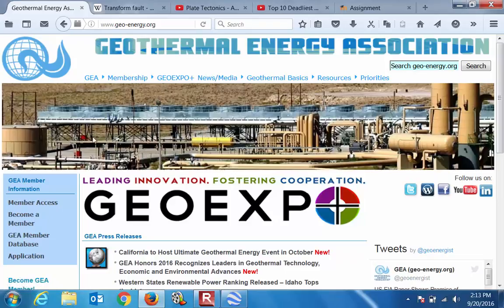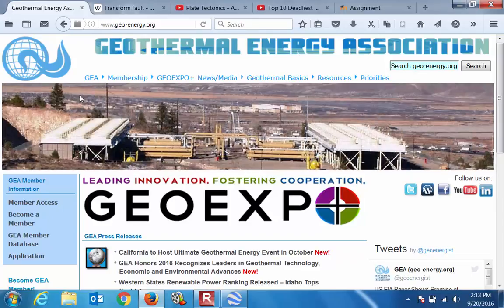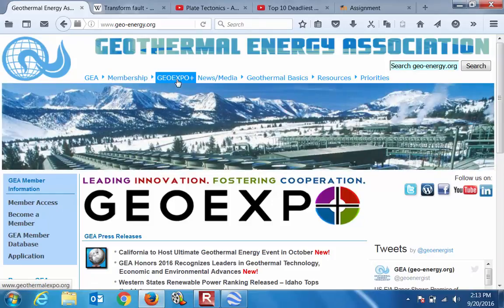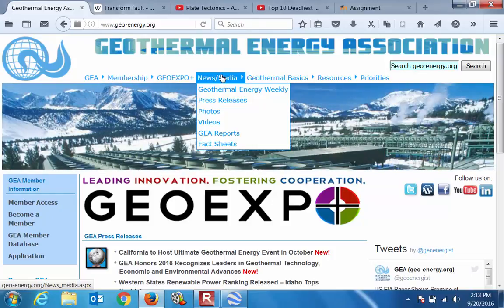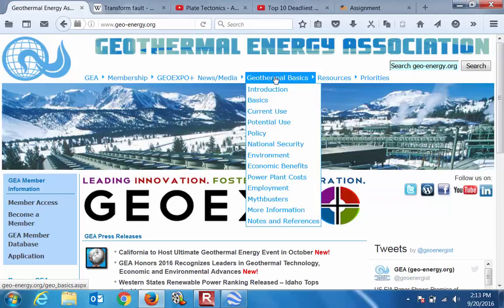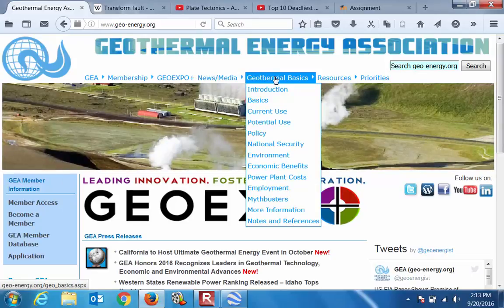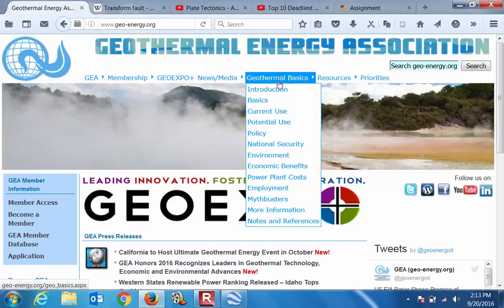It gives you the opportunity to look at the Geothermal Energy Association, the professional organization, and you can look at the GEA itself, membership in the GEA, and as far as jobs are concerned, where you can go, news and media releases, and the geothermal basics, like we're going to talk about different systems. You can look in your textbook, you'll see those, but here you can have it all under one roof for you.